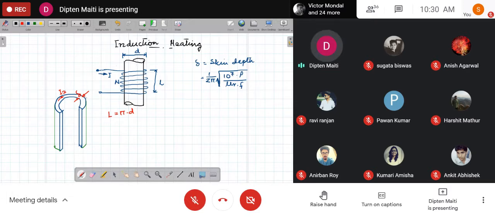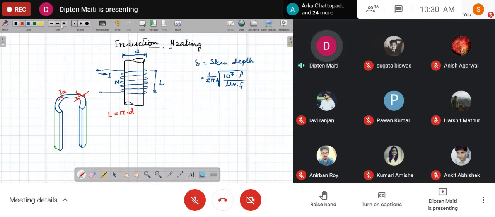And of course, we are considering here that delta is very small compared to D. Otherwise, we need to take into account delta by 2, so the diameter would be capital D minus delta by 2. However, we can do away with this.